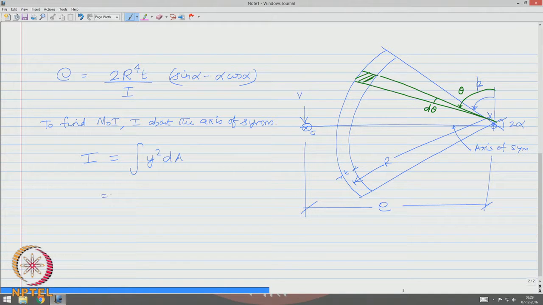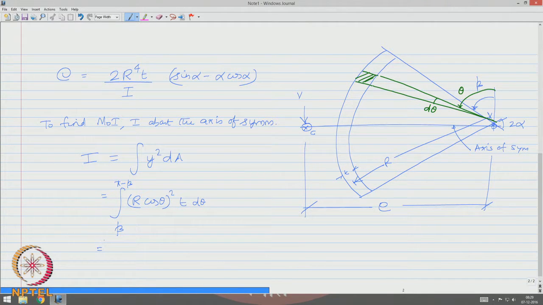So, now I can integrate: r cos theta will be the distance, squared for the second moment of area, t d theta will be the area of the strip, and let this vary from beta to pi minus beta, because this angle is beta.